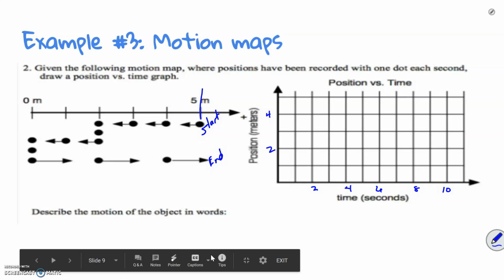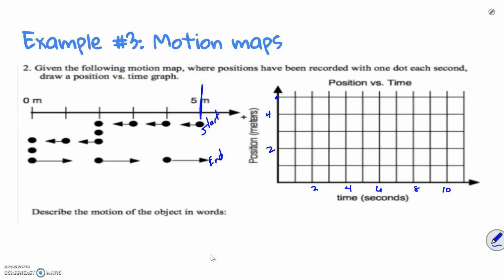Okay, we're starting at 5 meters. Then at 1 second, it looks like you're at 4 meters. 2 seconds at 3 meters. 3 seconds you're at 2 meters. The 4th second you're still at 2 meters, right? Because here's the 2 meters. So there's 0, 1, 2, 3, there's the 4th, there's the 5th second, and at the 5th second, we're still there.